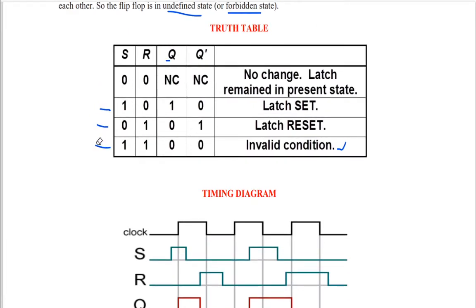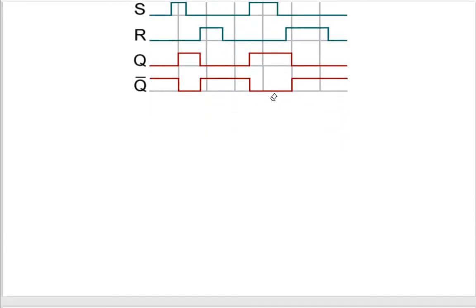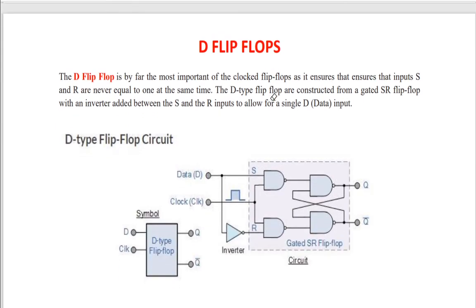Now, after understanding the first flip flop, that is your SR flip flop, let us move on to the next flip flop that we have, that is the D flip flop. So what exactly is a D flip flop? The D flip flop, we call it a delay flip flop or a data flip flop.